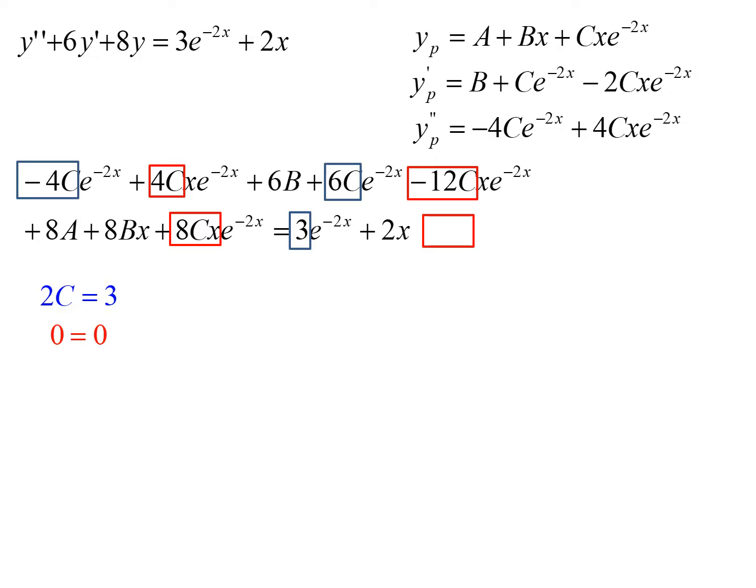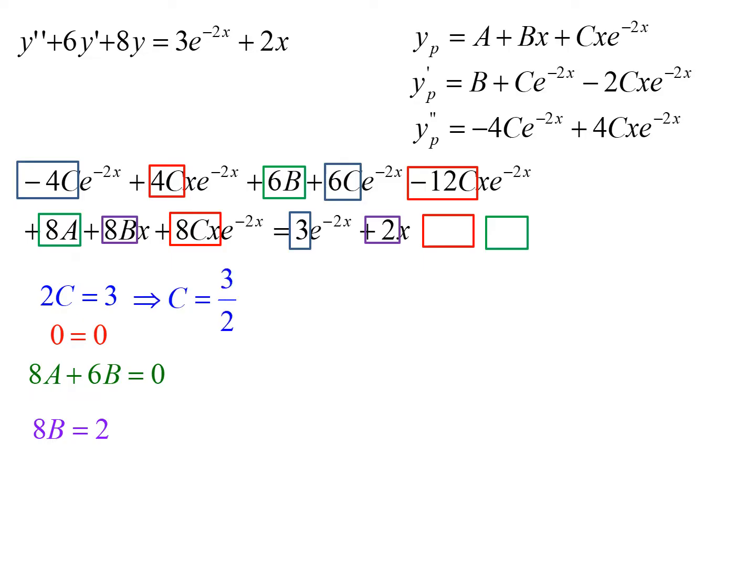We look at our constant coefficients, 6b plus 8a on the left, and there is no constant on the right, so 6b plus 8a has to equal 0. And then if we look at our x coefficients, 8b on the left and 2 on the right, means that 8b has to equal 2. So this gives us a system of 3 equations with 3 unknowns, so we can go through and solve those. If 2c equals 3, that means c has to be 3/2.